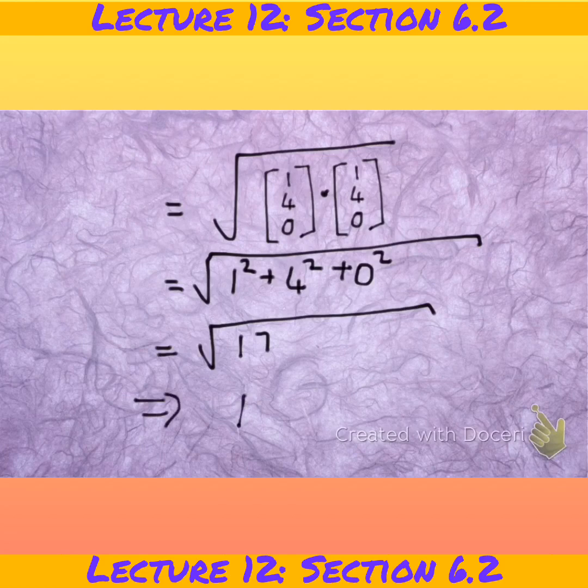So the norm of u is going to be the square root of 17.